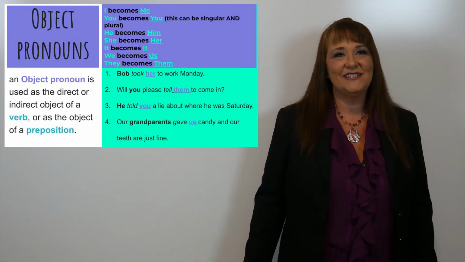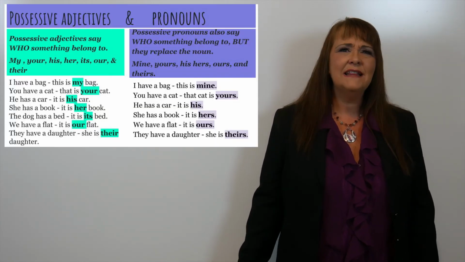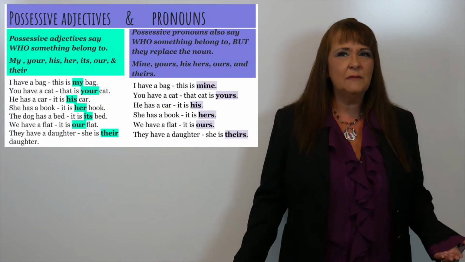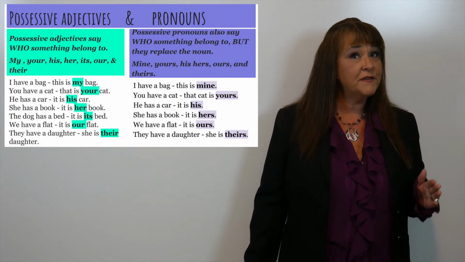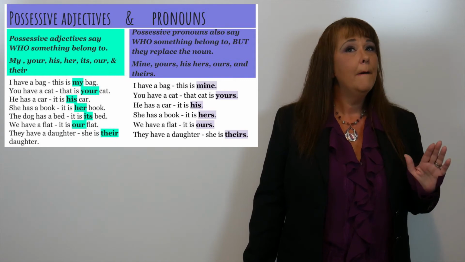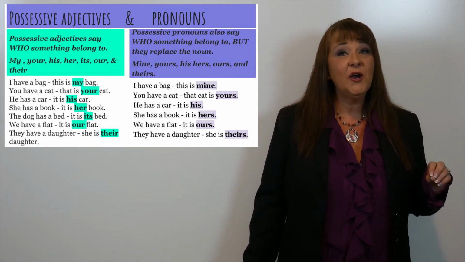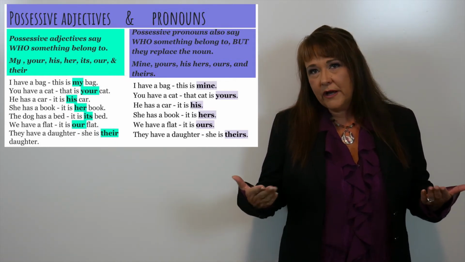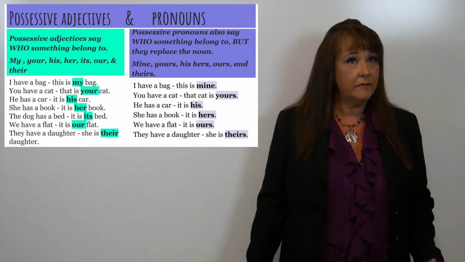So now let's look at those possessive adjectives and the possessive pronouns. They seem like they might be sort of similar, as they both say who something belongs to. But there is a very easy way to distinguish between the two.